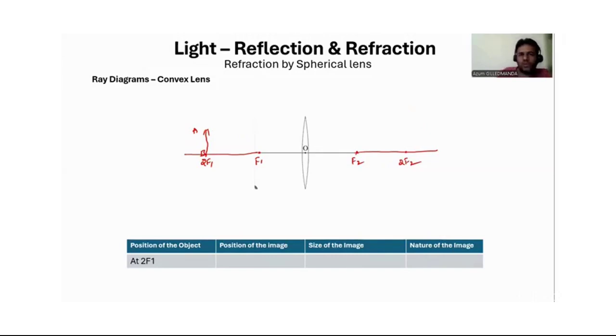So what we need to do is put two incident rays. This ray should go through F2, that's right, guys. And the other ray, if I pass it through the center, should go undeviated.